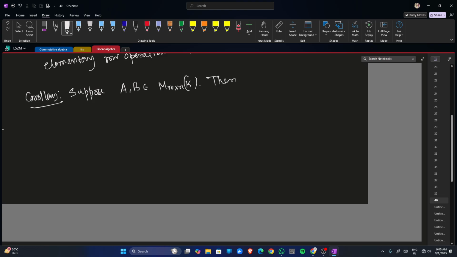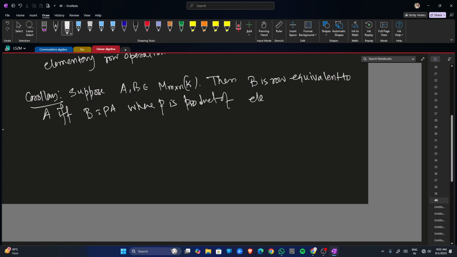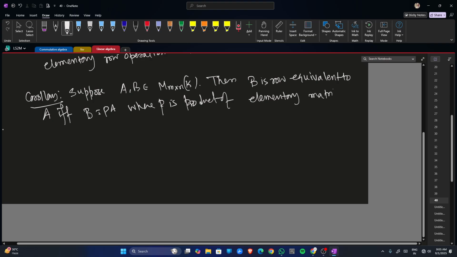Then B is row equivalent to A if and only if B equal to PA, where P is a product of elementary matrices. That's the easy proof.